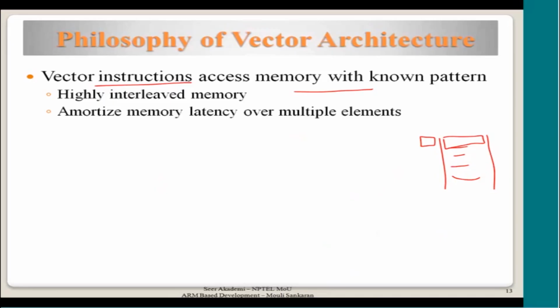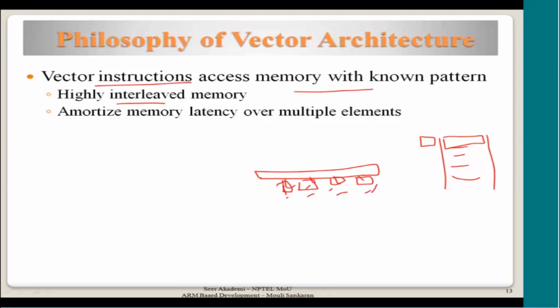All of you are aware of interleaved memory, where even in our simple DIMM package of DRAM, multiple chips will be there, and we have data accessed from all the chips. So we are interleaving multiple banks of memory so that they all operate in parallel. The address resolution and getting the data out, all banks in the memory will be working in parallel, so you will get a performance benefit.